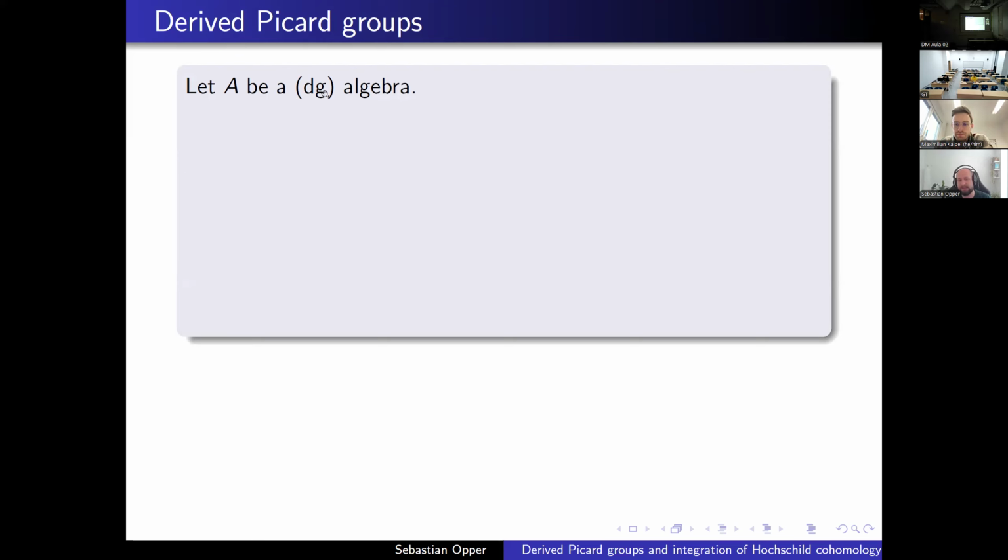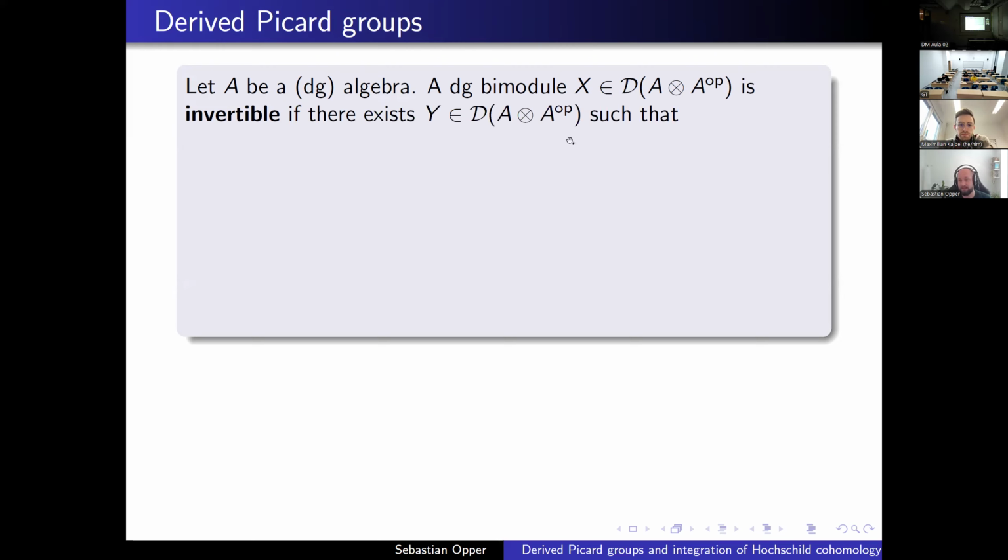So in a given setting, a DG bimodule, which is to say an object in the derived category of this enveloping algebra, is called invertible if there exists another such DG bimodule Y, so that if I tensor X and Y from one side by the derived tensor product, this is isomorphic to A, which I consider as a bimodule itself in a natural way. But if I tensor the other way, I get the same result.